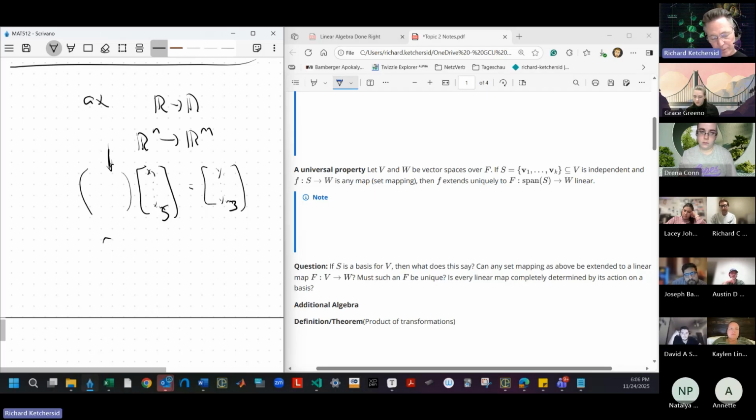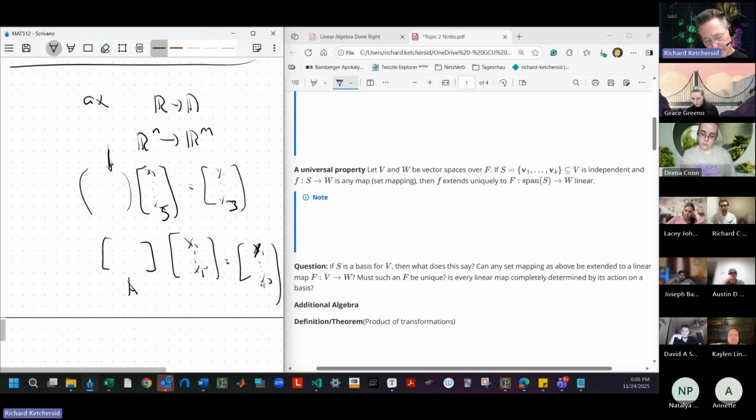And what size would the matrix have to be? If this was 5 and 3, how many rows would it have to have? Five rows.